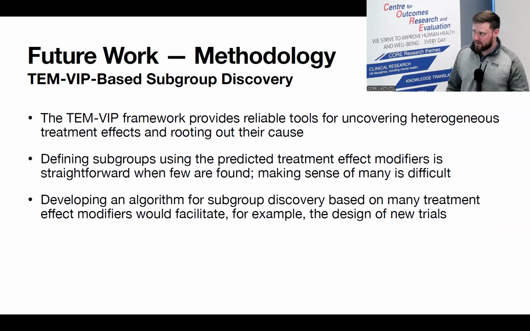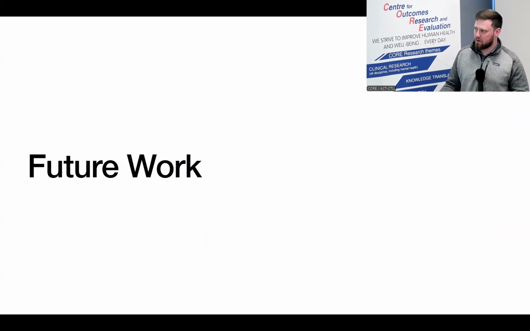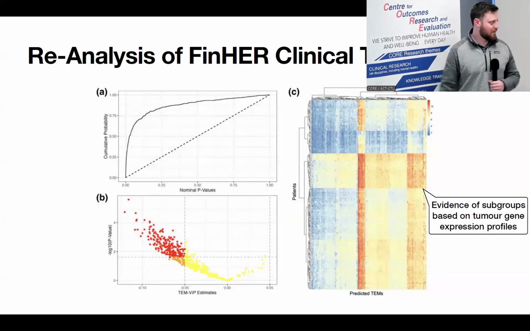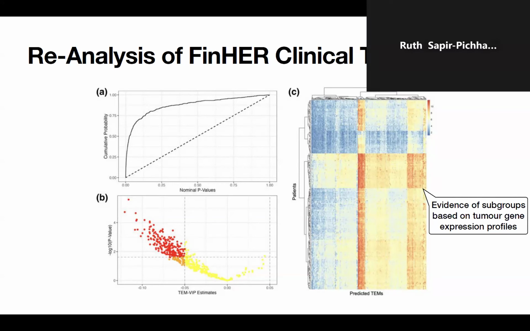Another interesting thing is to use these TEM-VIPs, as I alluded to before, to identify subgroups. Once we get this heat map, I'm kind of just saying, so what? We have clustering, that's cool. Maybe the genes make sense. But let's actually look into these groups and determine whether there is heterogeneity of treatment effect.